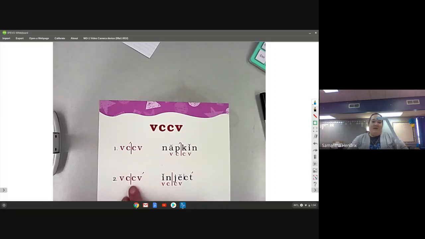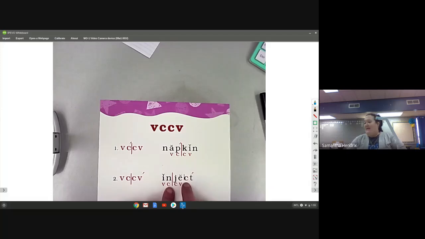We divided our word between the consonants. We put our accent mark on the end here. We did our breves because they're both followed by a consonant, so our vowels are short. We did a kickback on this C because it's going to be the K sound.